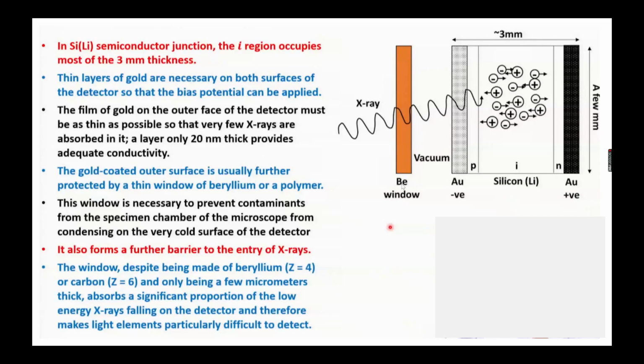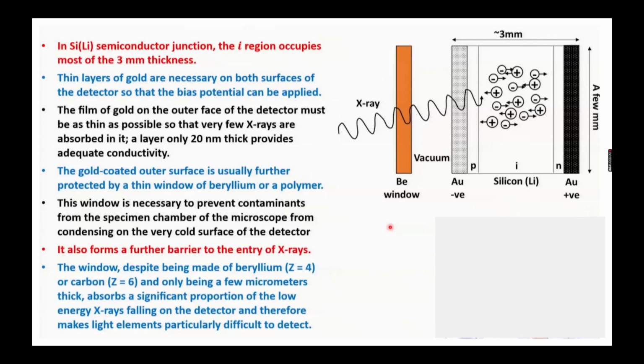Actually the gold coated outer surface in your EDS is further protected by a thin window, a very thin layer of beryllium or a polymer.